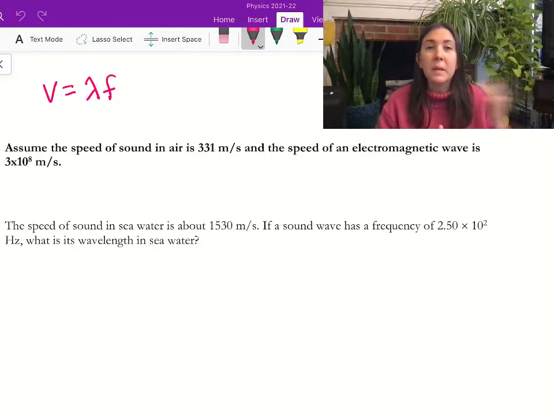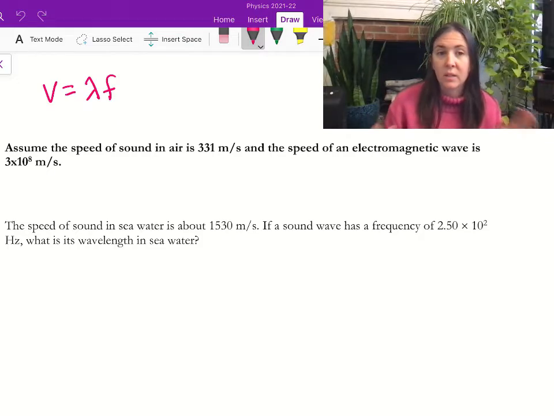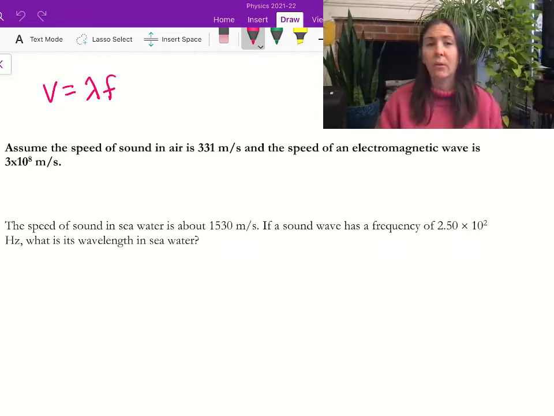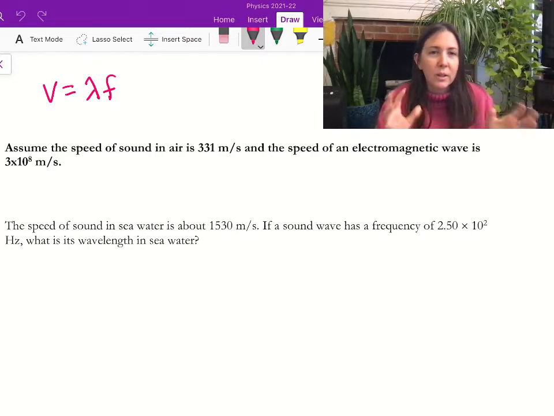But the medium that a wave travels through does affect its velocity. The speed of sound in air is about 330 meters per second, while the speed of sound in water is actually faster. In this problem, it's 1,530 meters per second. You can think about why that might be and ask me later.